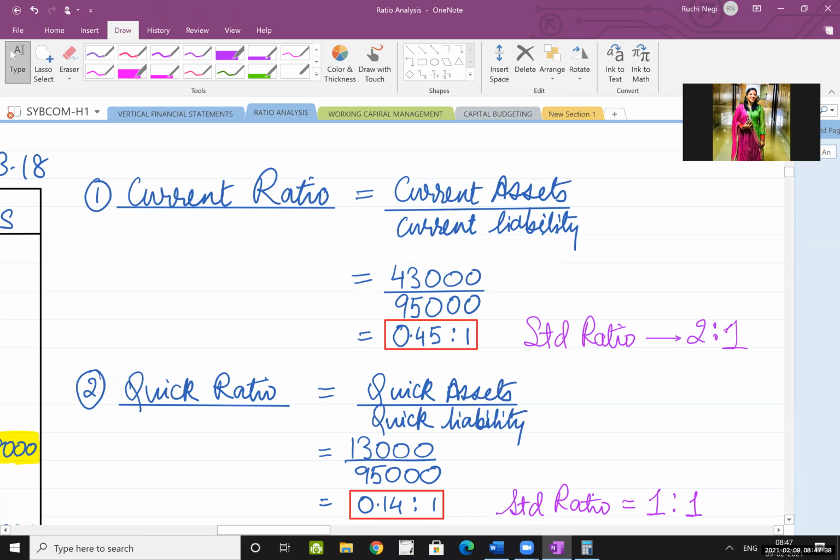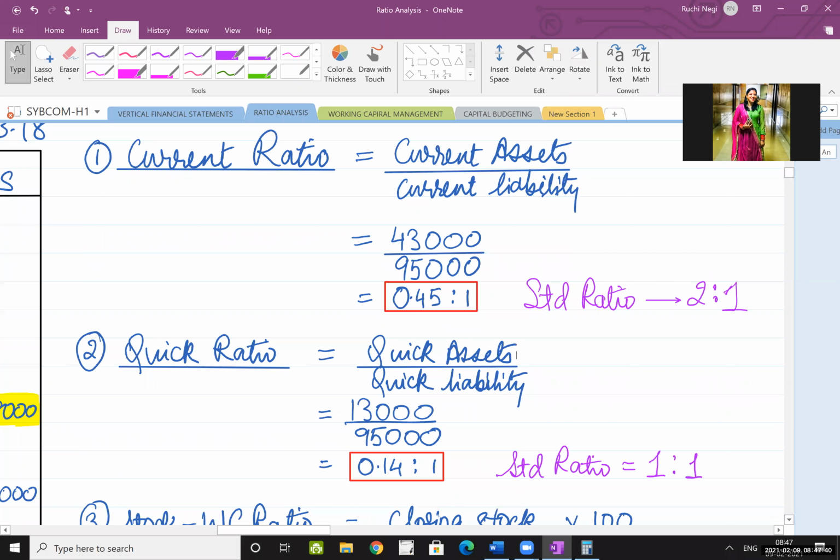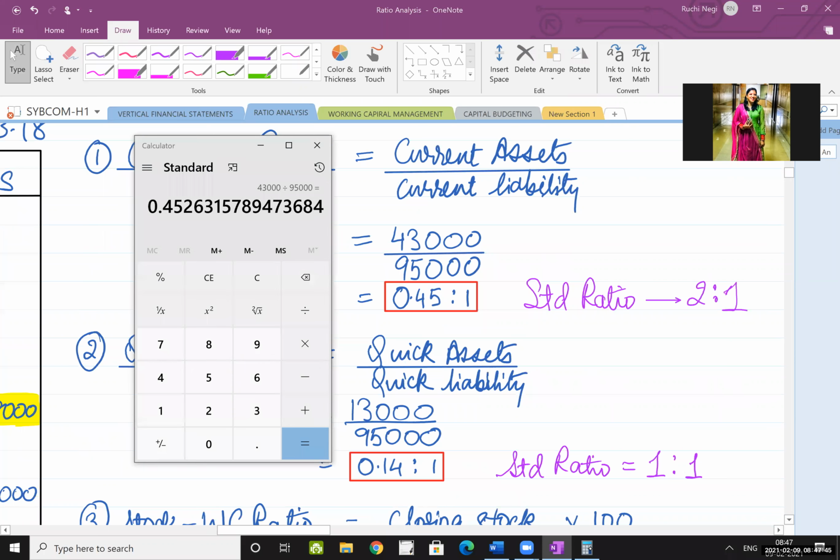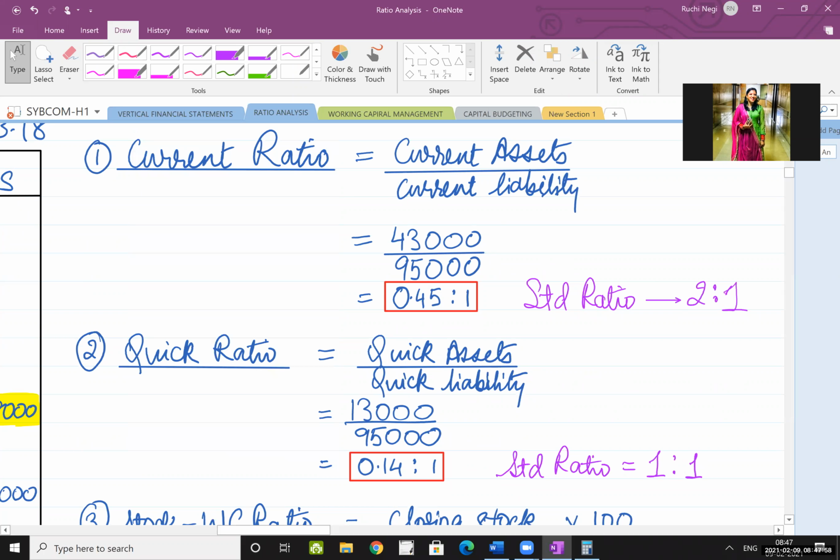Next, quick ratio. It is quick assets upon quick liability. Okay, so quick assets is 13,000, quick liability is 95,000. So 13,000 divided by 95,000. My answer is 0.136. Round off कर दो 0.14 is to 1. Okay, क्विक रेशियो का स्टैंडर्ड इंडस्ट्री रेशियो इज 1 is to 1. मतलब अगर आपका क्विक एसेट 1 रुपया है तो आपका क्विक लाइबिलिटी भी 1 रुपया होनी चाहिए.